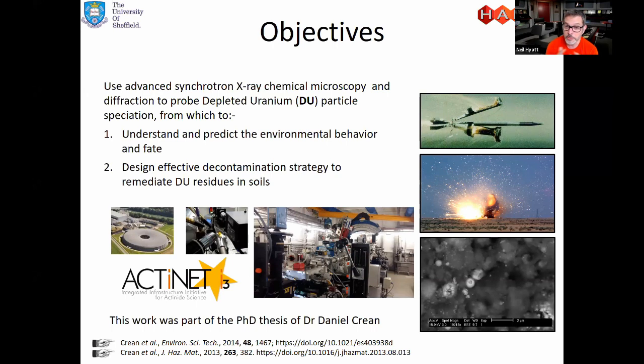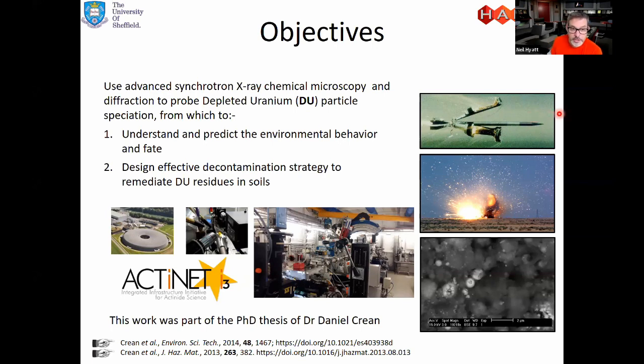DU munitions are used mainly by the US and the UK, with a long period of testing from the 1960s onwards. I'll just fire up my laser pointer here. They were used in both Gulf Wars and in the conflicts in Kosovo and Bosnia, as armor-piercing rounds to destroy enemy tanks.